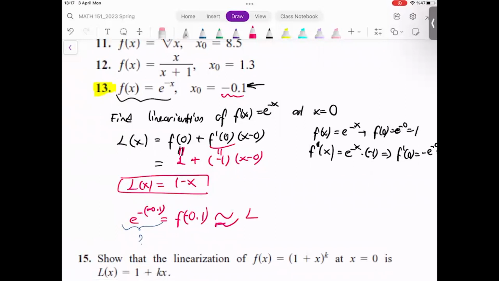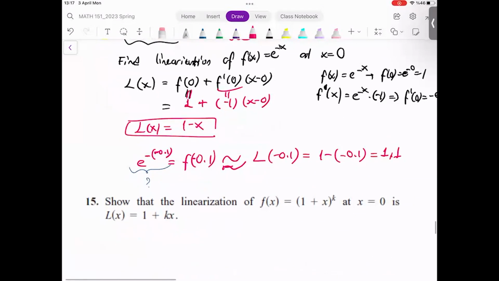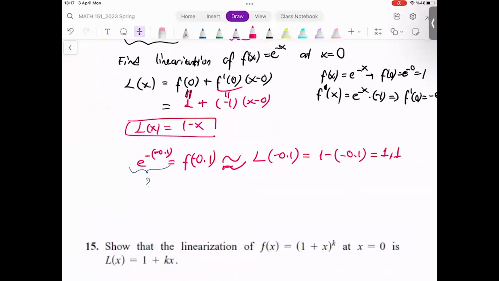Instead, we will use the linearization function to find an approximation, and it is much easier than we think. So instead of x, I am inserting minus 0.1, so the result is 1.1. You see, it is that quick. Very quickly, we can approximate e to the power 0.1 by using the linearization function as 1.1. So this value is approximately this value evaluated at the linearization function, okay? And you can verify it with your calculators at home. Can I move on? Is this okay?